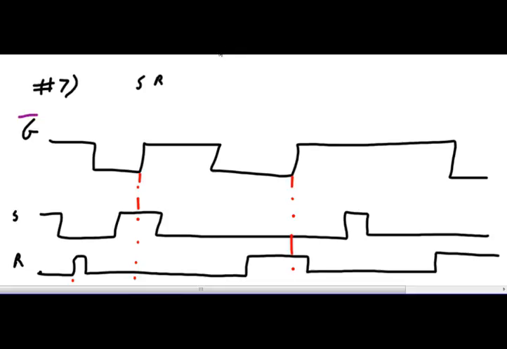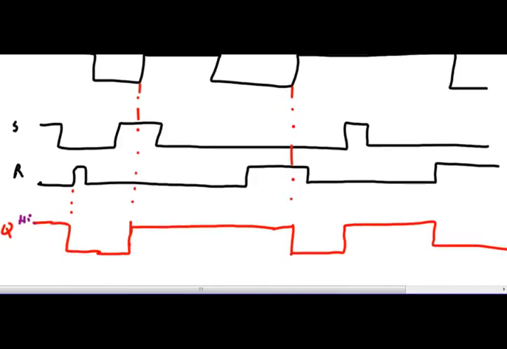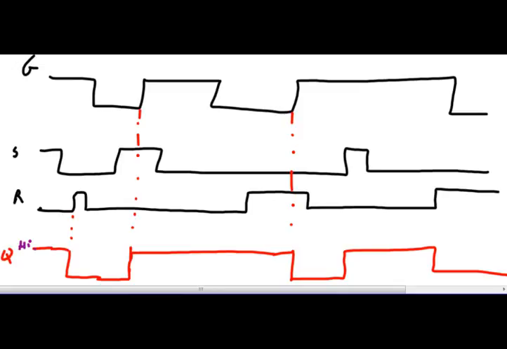But that would be cruel and unusual punishment, so I'm probably not going to do that. It won't change unless the gate's high and the set or the reset's doing something? That's right. It's not a positive edge trigger. It's not a negative edge trigger. It's not a clock pulse. It's a gate. The gate has to be on for either the set or the reset to work.